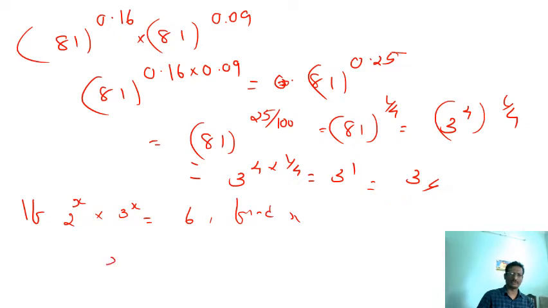So 2 raised to x into 3 raised to x is what? 2 into 3 raised to x is equal to 6. So 6 raised to x is equal to what? 6. So you are getting what? x is equal to what? 1.